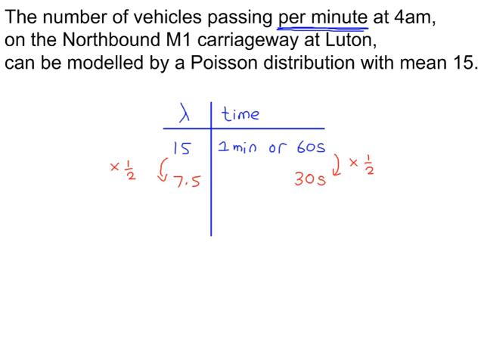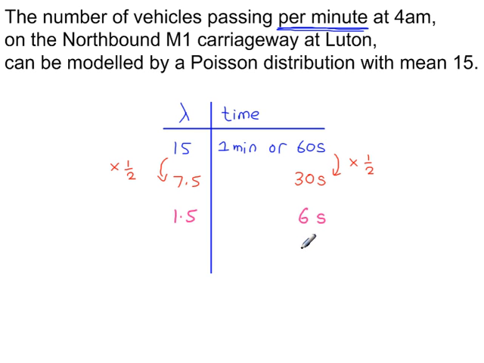Or let's say we're looking for a 6-second interval. To get from 60 to 6, you're dividing by 10. So you divide the 15 by 10, and the value of lambda is 1.5.